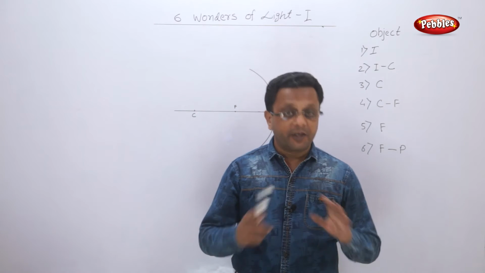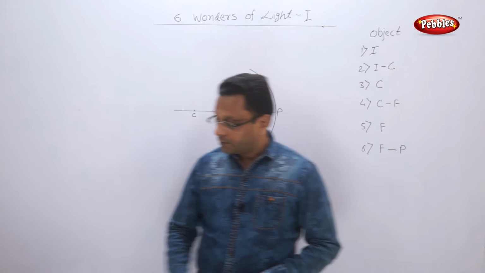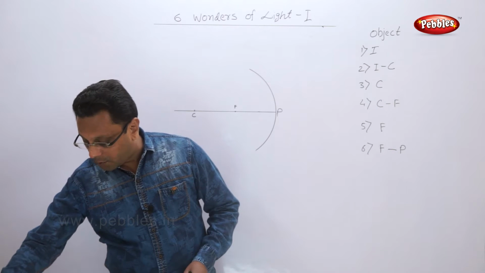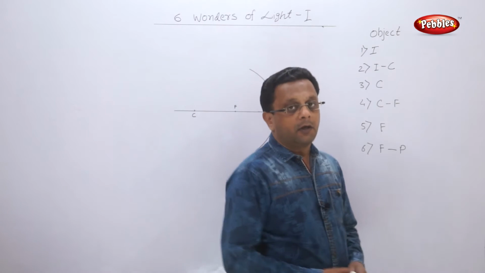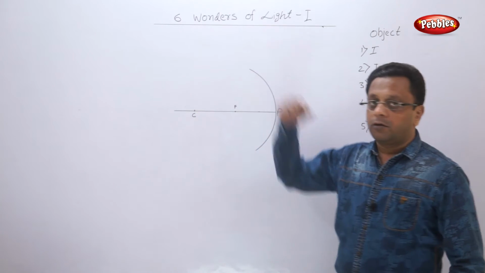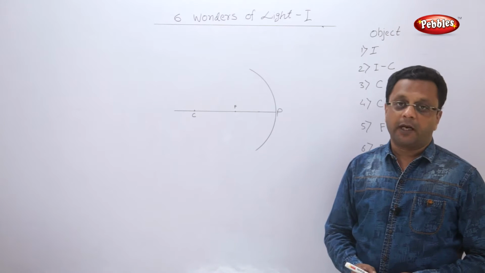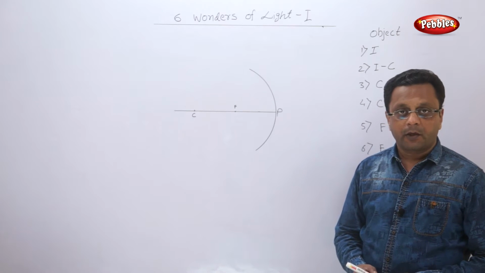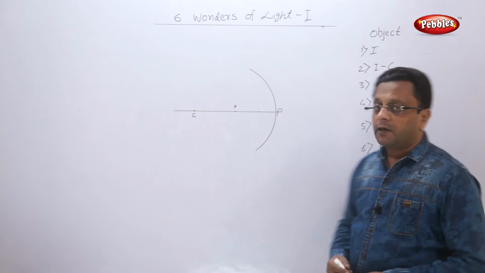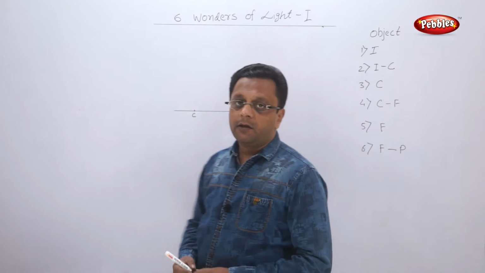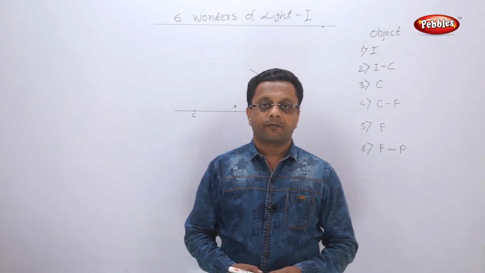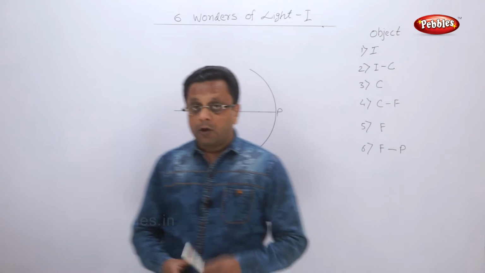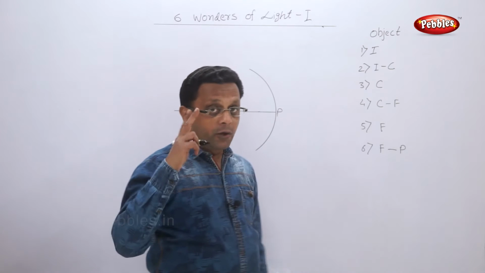Very simple. Now I want you to draw the object on the upper side of your principal axis, except in case of infinity. In case of infinity, there will be no object visible. The rays are coming from infinity. Now you have to take 2 rays.